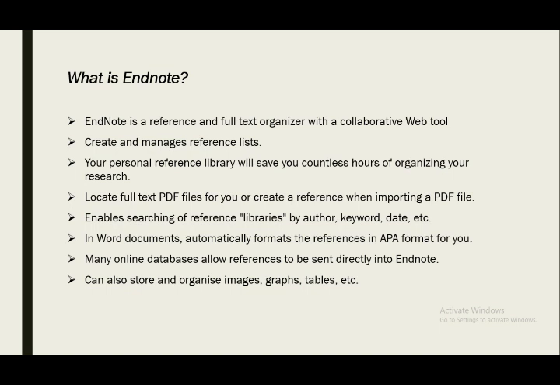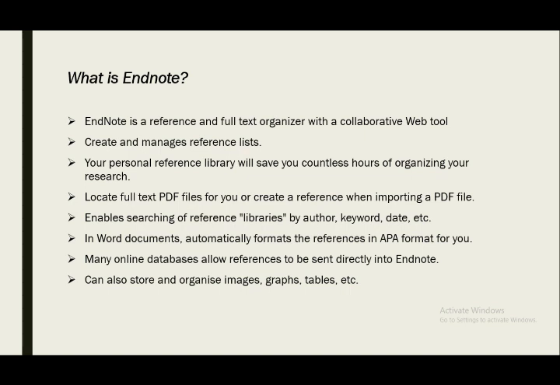What is Endnote? Endnote is a powerful tool that is used for reference management, and it also helps us to organize the full text of the collected material, and it also has a web tool version. Here we can create and manage reference lists, and we can personalize our libraries.